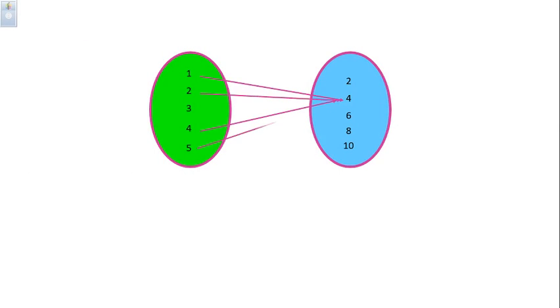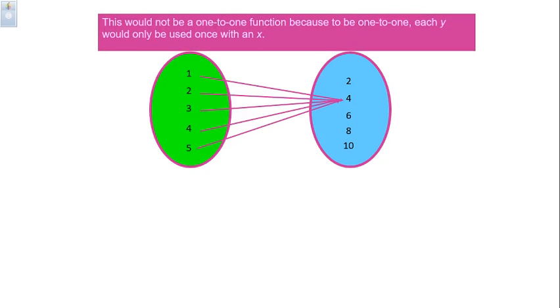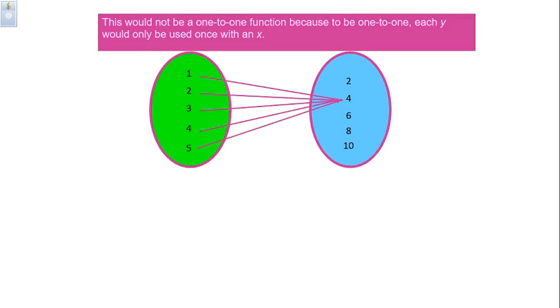So let's take a look at this example here. This is a function. However, it's not a one-to-one function because all the x values are mapping to the same y value. So the inverse of this function is not a function. It does not have an inverse function. If the inverse is not a function, we say that this function is not invertible.